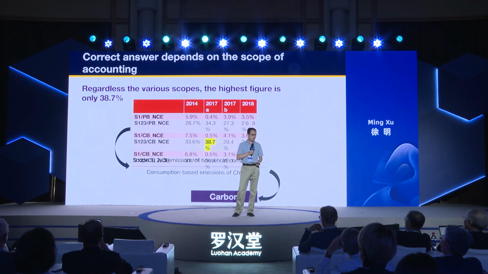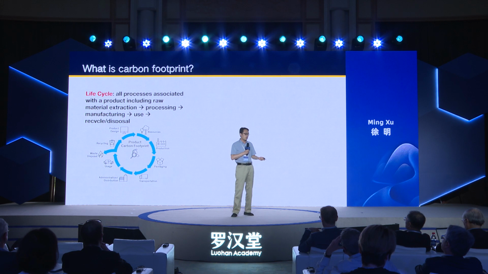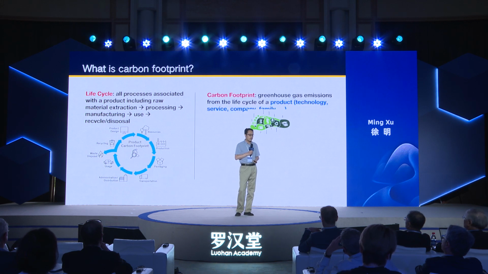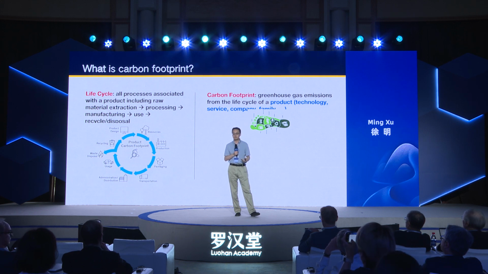But that doesn't matter. Right, so we made a lot of different calculations. Some numbers are small, some are larger. The larger ones are all based on life cycle thinking, right? So this is what life cycle thinking is. And carbon footprint essentially means the greenhouse gas emissions coming from the life cycle of a product, technology, or service, right?